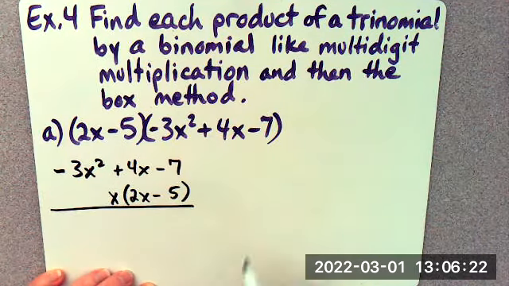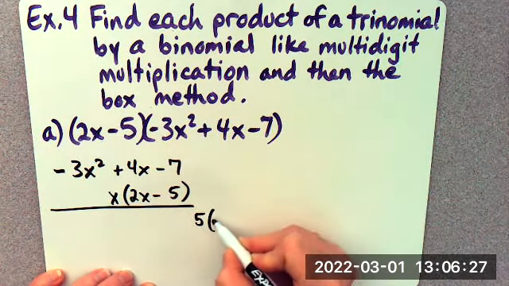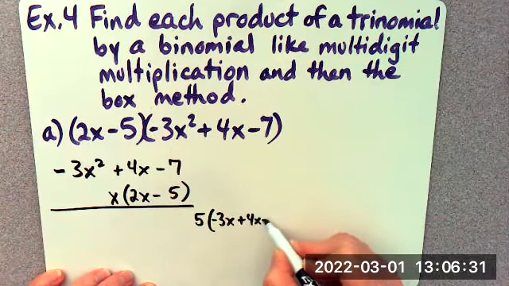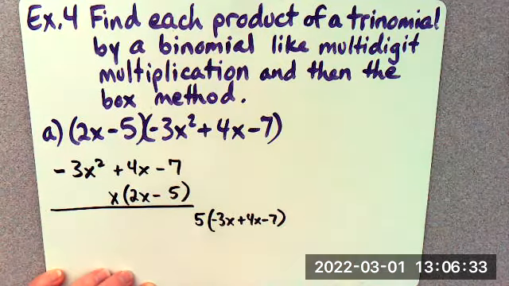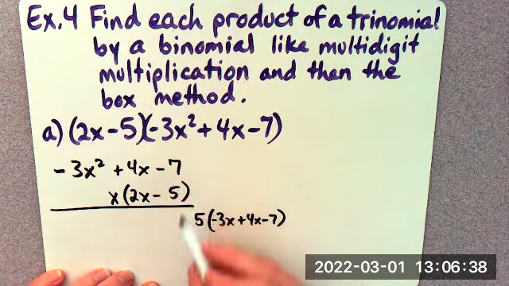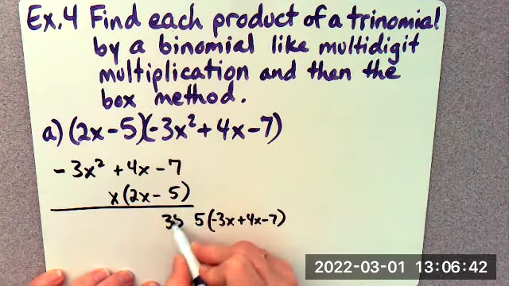So how we go about doing that is this line, we're going to multiply negative 5 times negative 3x squared plus 4x minus 7. So negative 5 times negative 7 is positive 35.